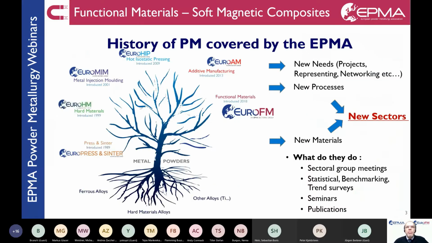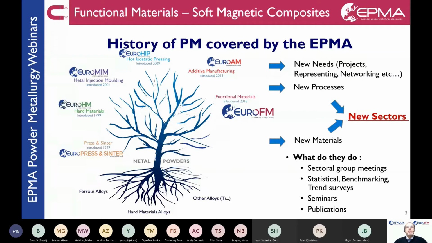The technical part of the work is done mainly through the so-called sectoral groups, and these are actually seen as branches of the powder metallurgy tree, which is growing with roots in the powders, of course, and then branching into different technologies or materials. The press and sinter group was, of course, the first topic introduced in the association when it was started, but then other groups started.